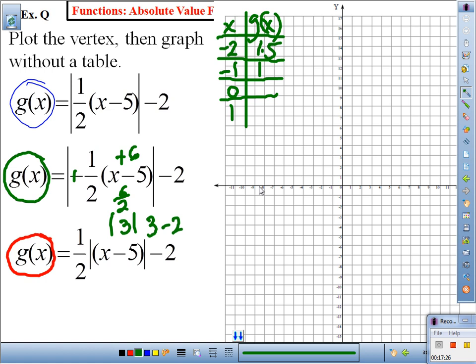Focus, please. When x is 0, what do you get, Catalina?